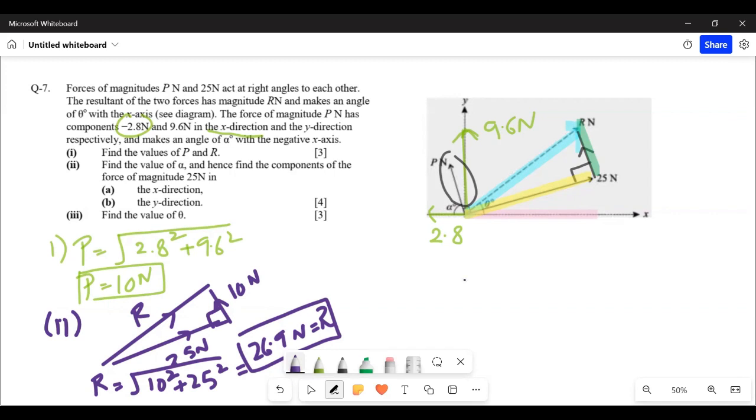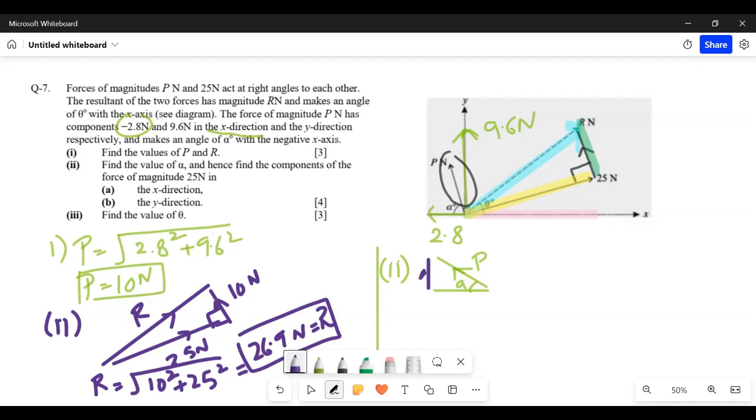First we've been asked to find alpha. Alpha is formed between P and the horizontal. For P, we know its vertical component, which was 9.6, and its horizontal component, which was 2.8 pointing leftwards.